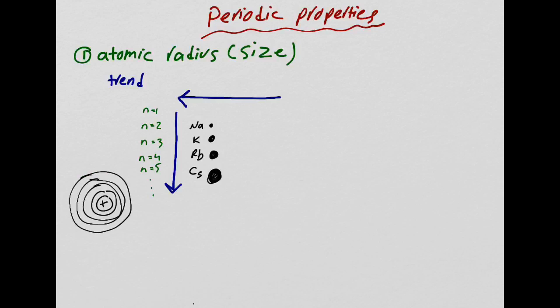As you go away from the nucleus, it's n1, n2, n3, and it keeps going up. As n increases, the size gets bigger. n2 is bigger than n1, n3 is bigger, and it's exactly what's going on here. As you come down the periodic table, the n value increases.